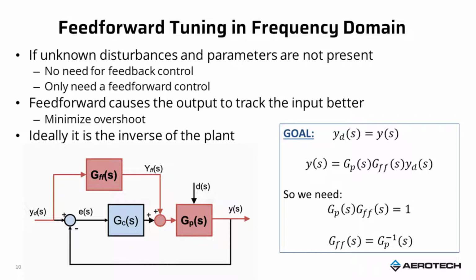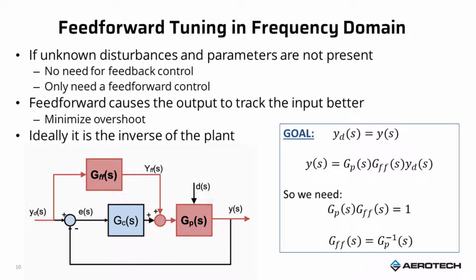The basic reason we use feed-forward is we're trying to minimize the overshoot in the system, and when we minimize the overshoot, usually we can get a little bit better settle time, as well as a better contoured motion. Ideally, this feed-forward is the inverse of the plant.